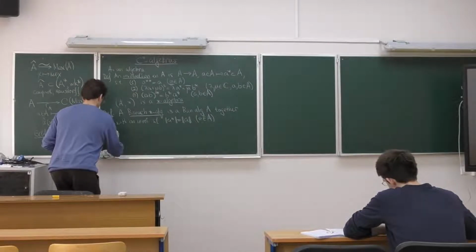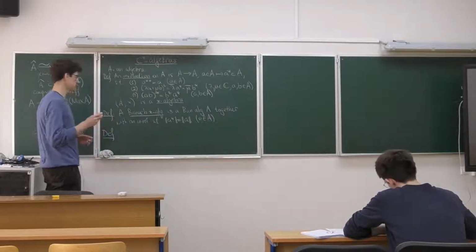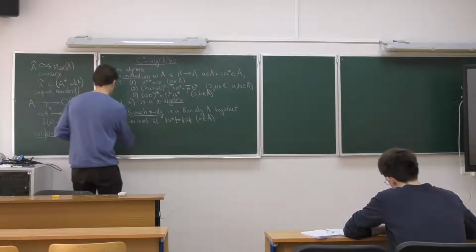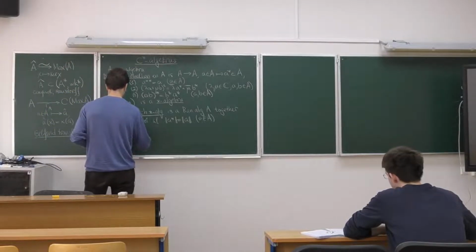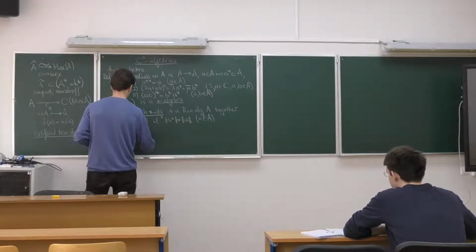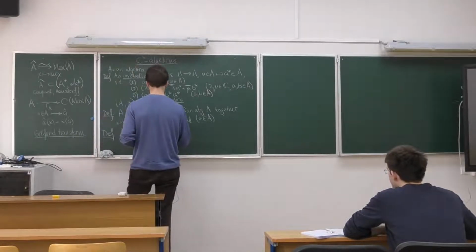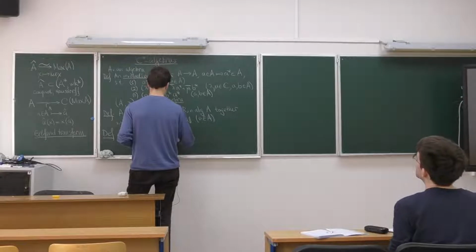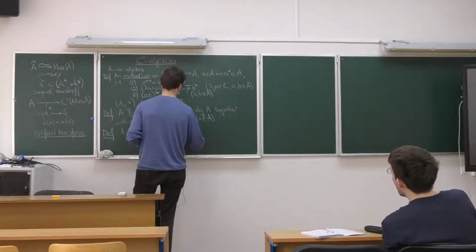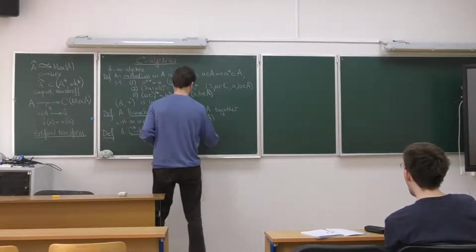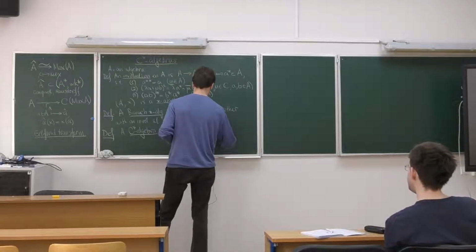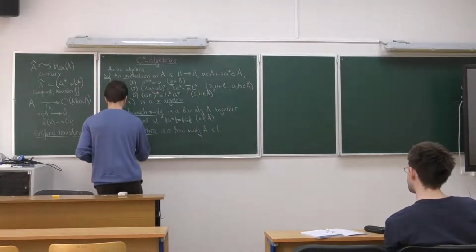And now, probably the most important definition. We define a C-star algebra to be a Banach star algebra A such that the following identity holds.